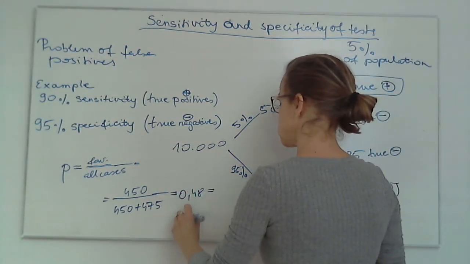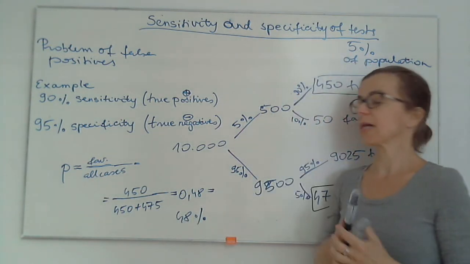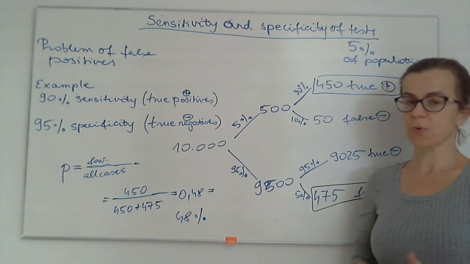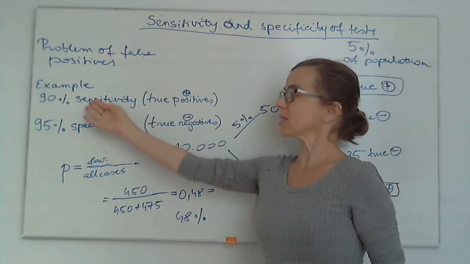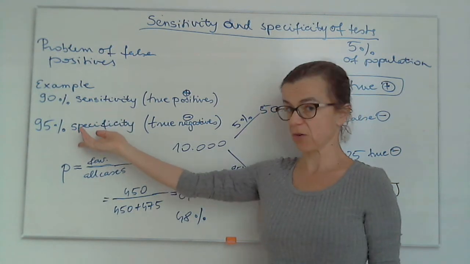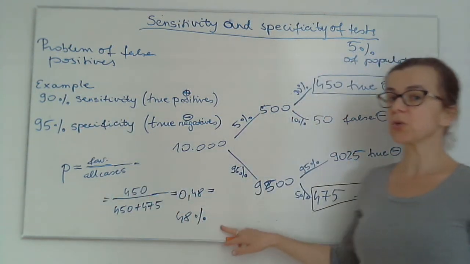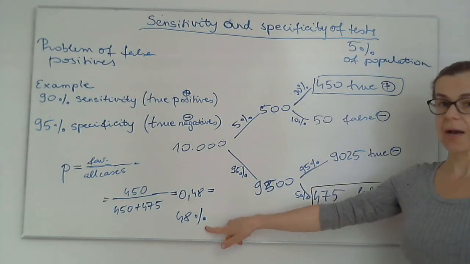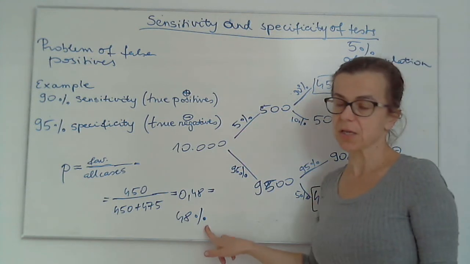which means 48%. So basically the conclusion is that given a population where 5% of the population is affected by a certain illness, and given these seemingly high numbers of sensitivity and specificity of your test, your chances of being truly ill if you end up with a positive result is a bit less than 50%, which, let's be honest, is quite low.